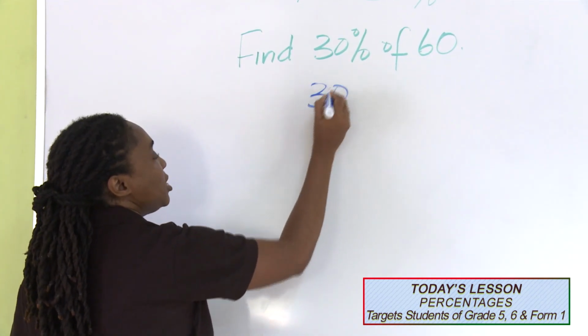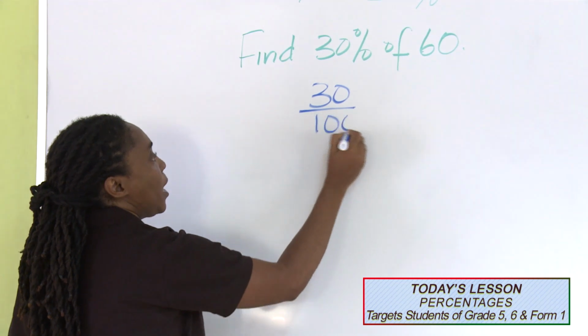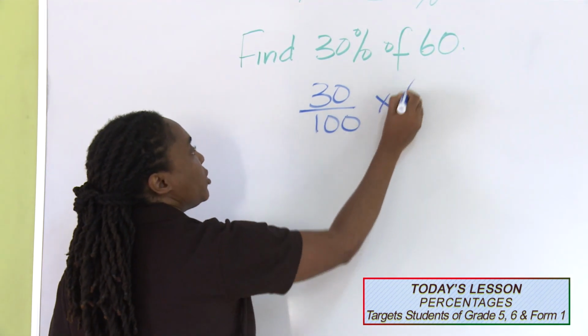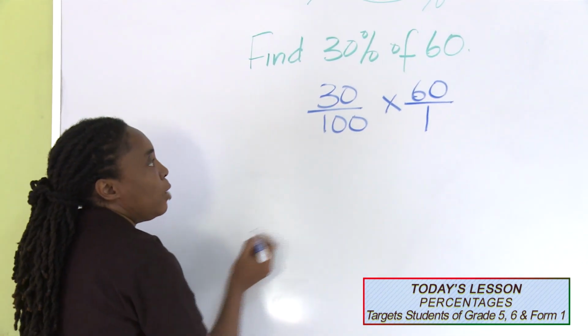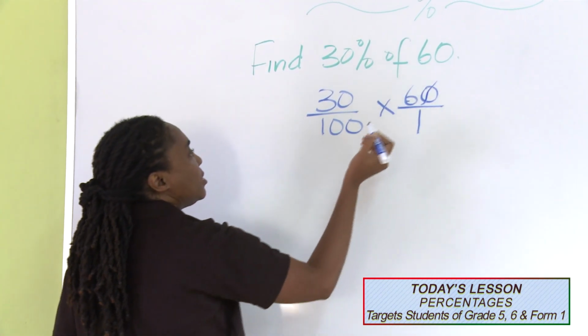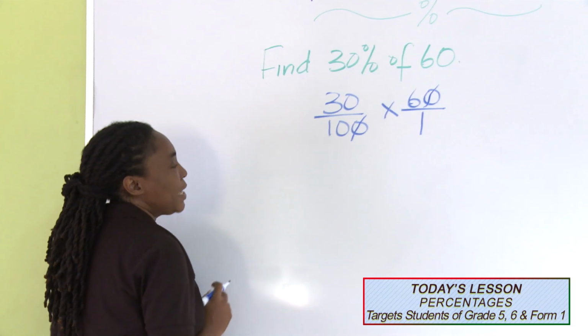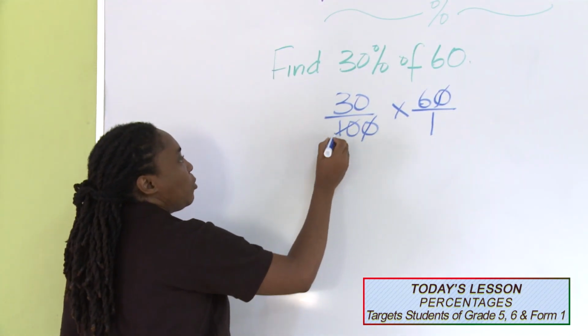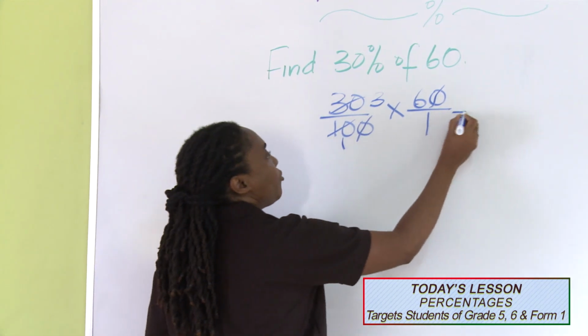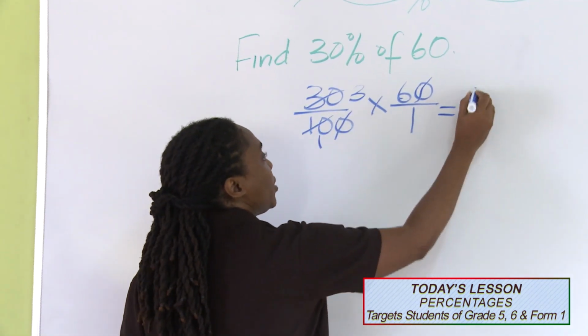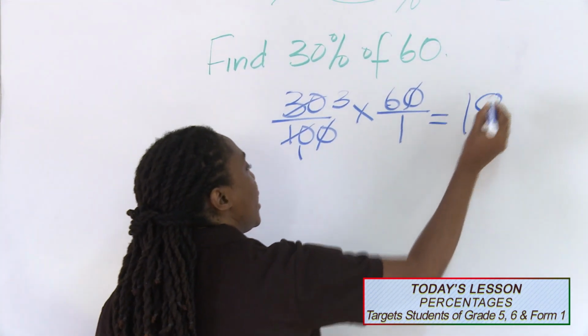So that will give us 30 over 100. And we multiply by the quantity, which is 60. I will 10 into 60, 10 into 100, 10. 10 into 10, 1, and 10 into 30, 3. So I'll have 3 multiplied by 6, which will give us 18.